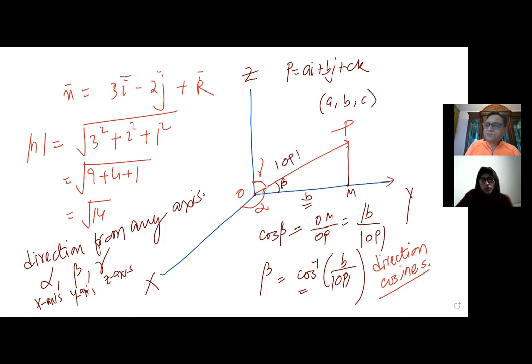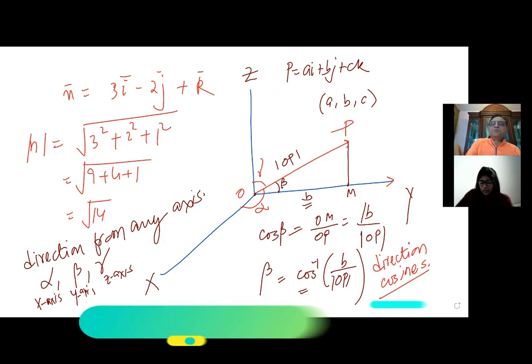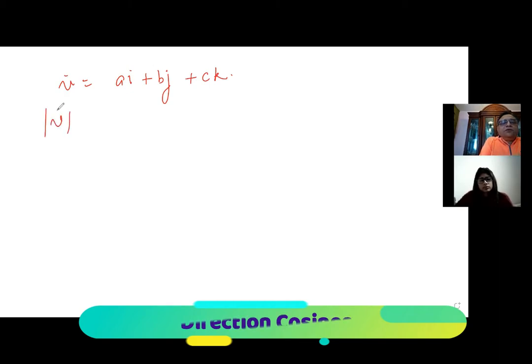So basically, if I have a vector v, which equals ai plus bj plus ck, the magnitude of the vector is the square root of a square plus b square plus c square.